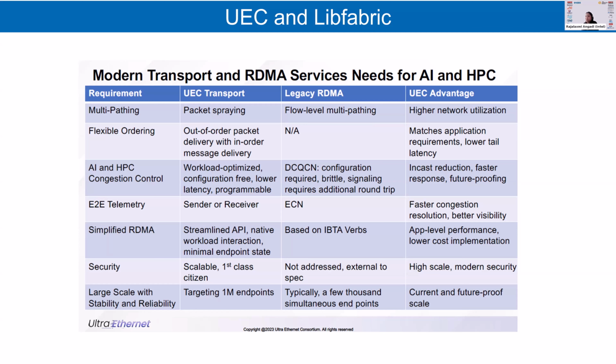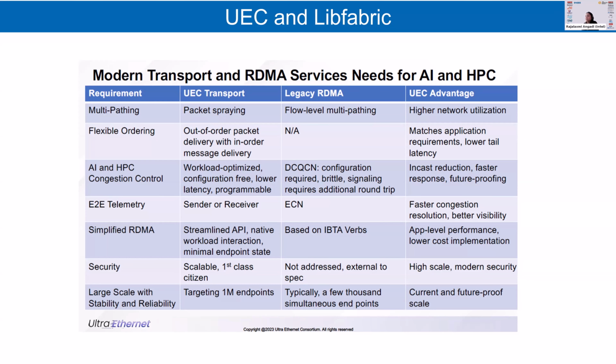It has DCQCN, which is a congestion control mechanism that aims to manage network congestion effectively. And it also relies on ECN, which is explicit congestion notification, wherein it detects the congestion early on and provides the feedback to the sender, which can adjust the transmission rates to maintain optimal network performance.